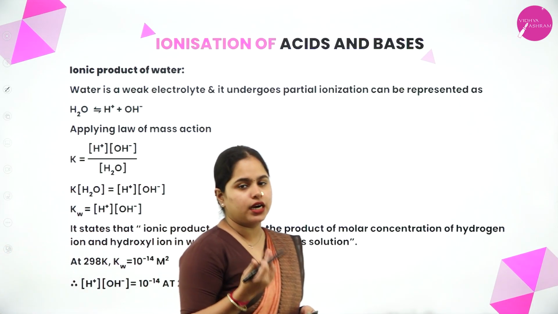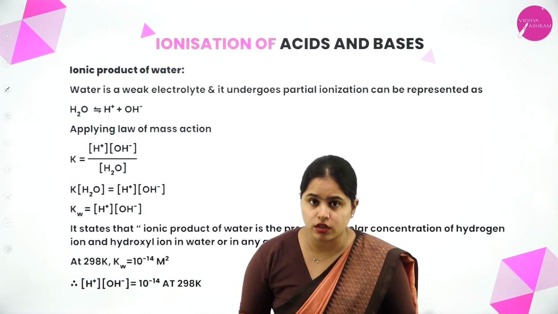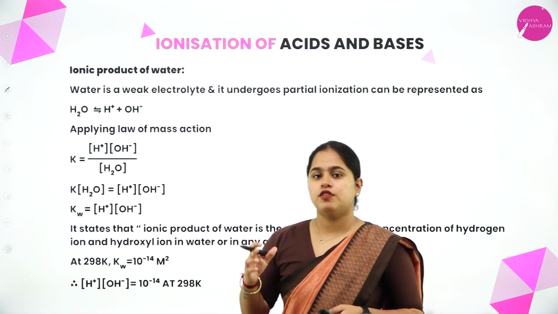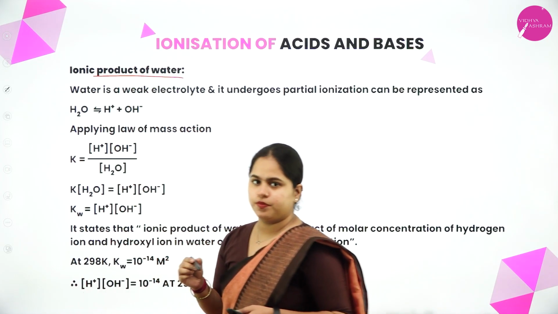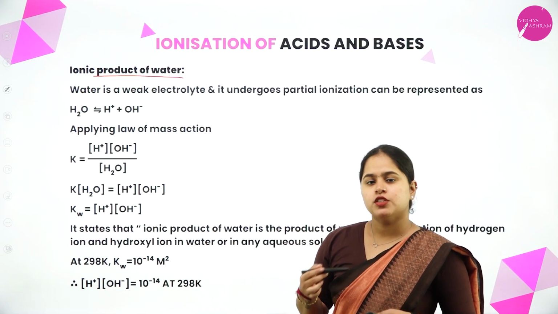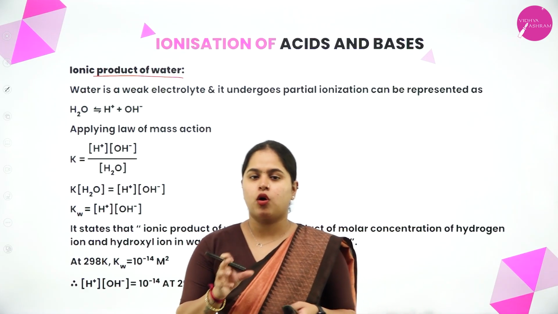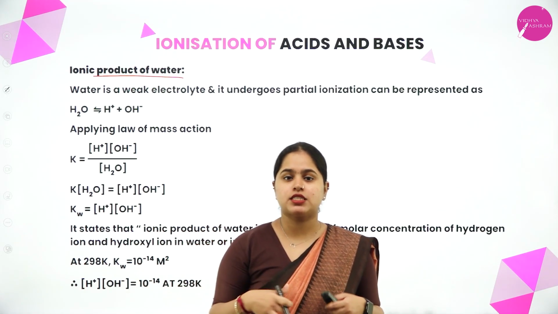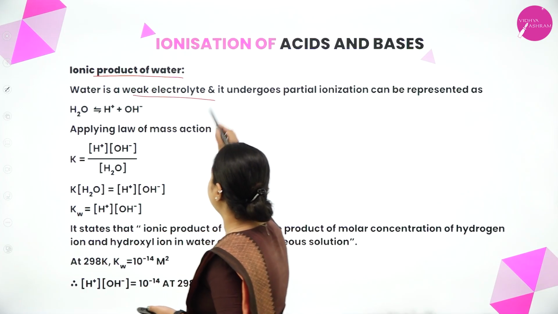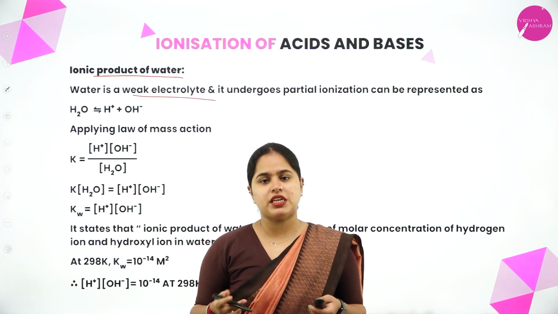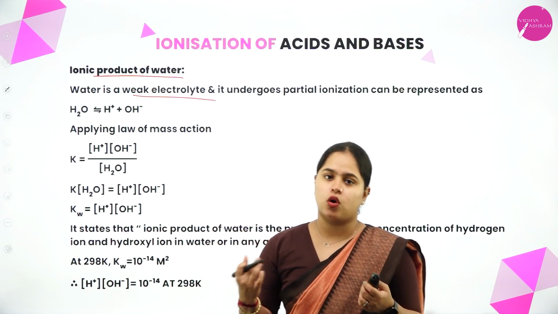So before studying the ionization of acids and bases and the ionization constant of acids and bases, first let's discuss the ionic product of water. Okay, ionic product of water. So dissociation means what? First of all, when a molecule or a compound dissociates into its constituent ions, right? So water is considered a weak electrolyte. Weak electrolyte means some amount of water gets dissociated into its constituent ions.